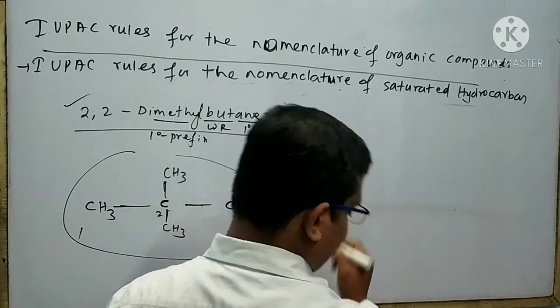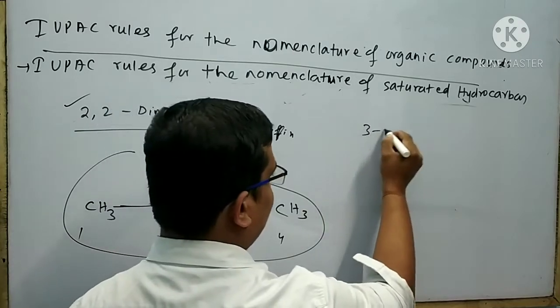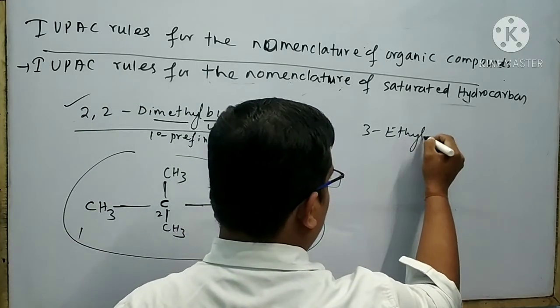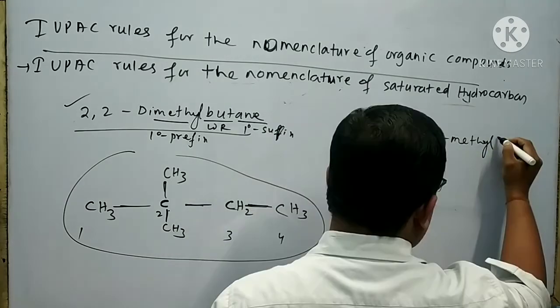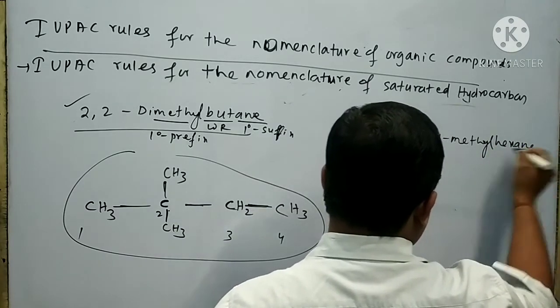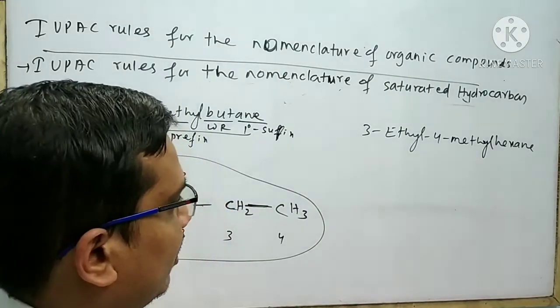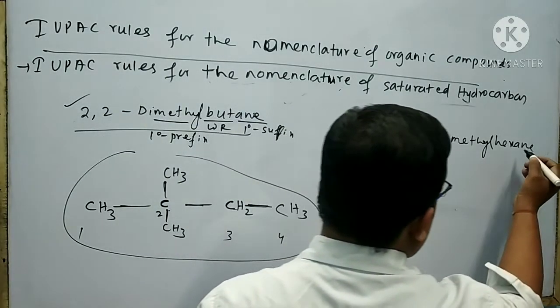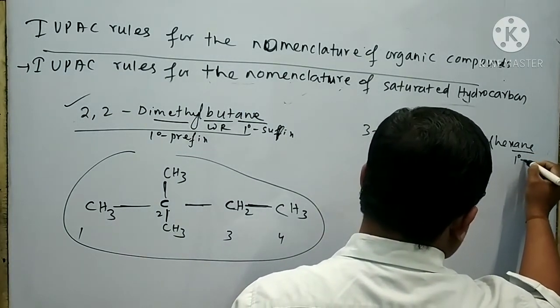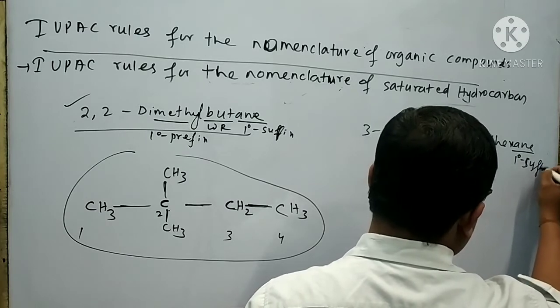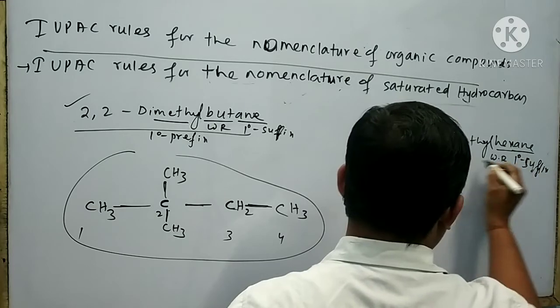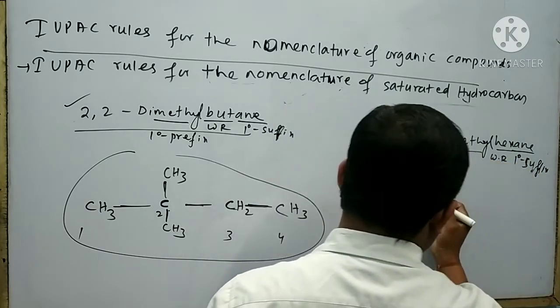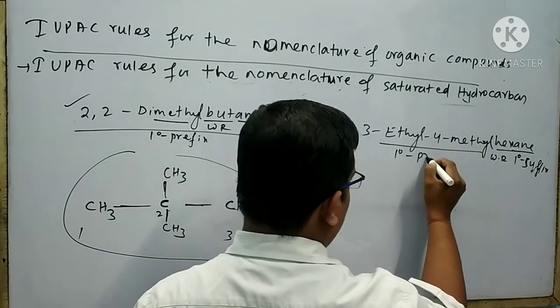Suppose take another example: 3 ethyl, 4 methyl hexane. What will be the structure of this organic compound? Look at that. Here N is the 1 degree suffix, hex is the word root, and these two terms are said to be 1 degree prefix.